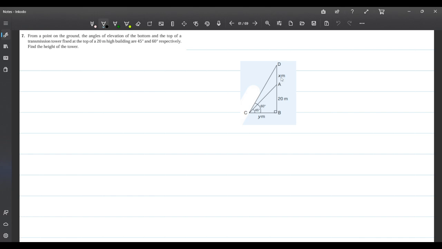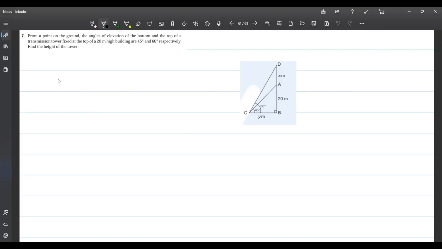This is the transmission tower which is fixed at the building BA of 20 meter. Angle of elevation of A and D from a point C on the ground are 45 and 60 degree respectively. So suppose that this is the angle ACB, which is 45 degree, and DCB, which is 60 degree.